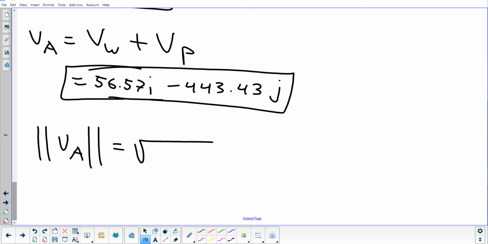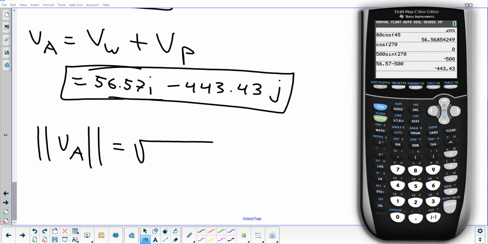So it's going to be the square root of, actually, you know what? We can probably just do it all at once. What do I do with the 56.57? Square it. Plus, just make sure it all stays under the root. It doesn't matter if you use the negative, because when you square it, the negative is going to go away.